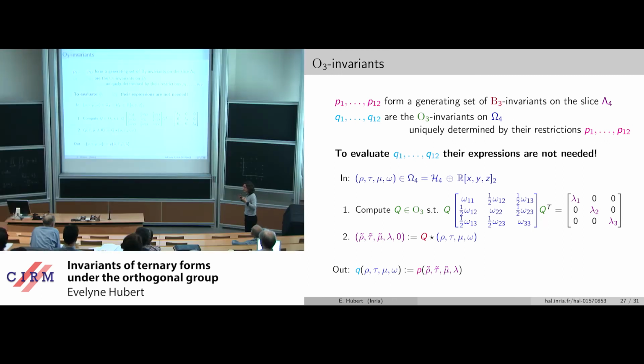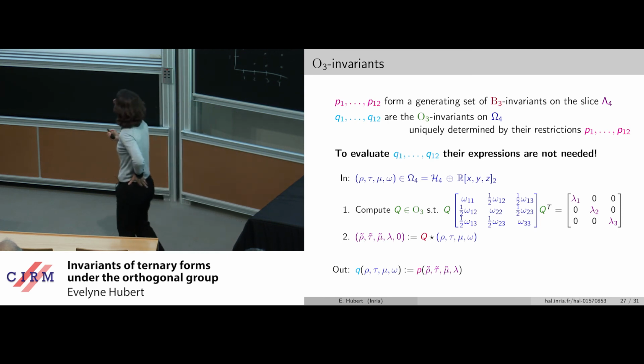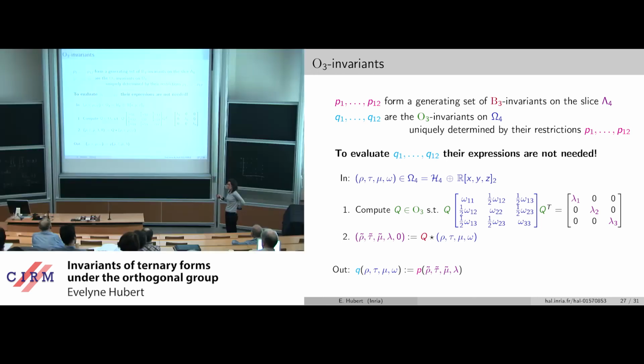So here is the numerical recipe to compute these invariants. If you have a degree 4 polynomial, you know it by its coefficients, and you express it in the basis that I explained, this B3-friendly basis. You can split it and take the part that corresponds to the quadratic part. You compute a matrix Q in O3 that will diagonalize this quadratic part.